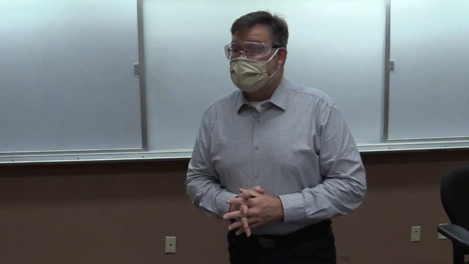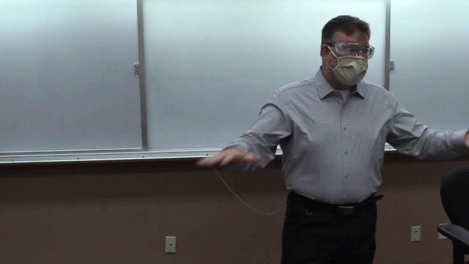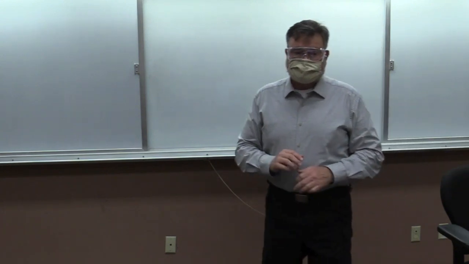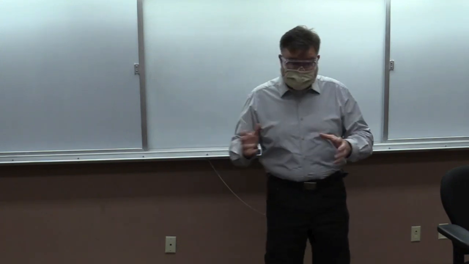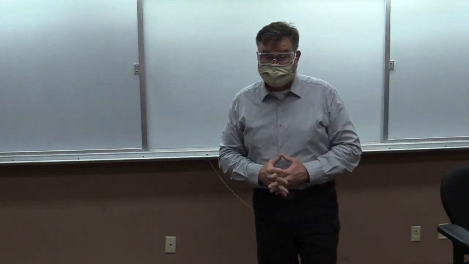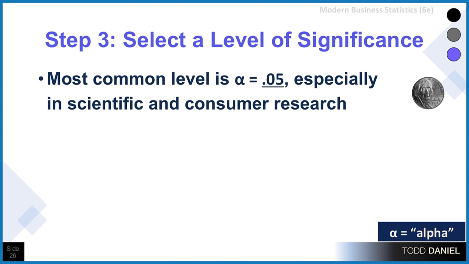So how do we select that level of significance? By default, we will use that 0.05 as our level of significance. Now we could set the level of significance to really any value that we desired. But for our purposes, we're just going to stick with 0.05.